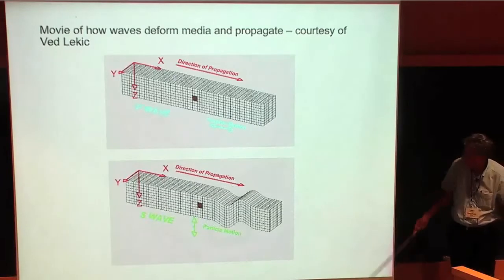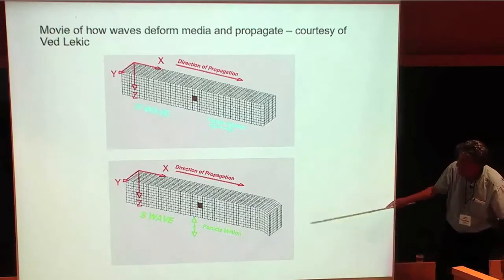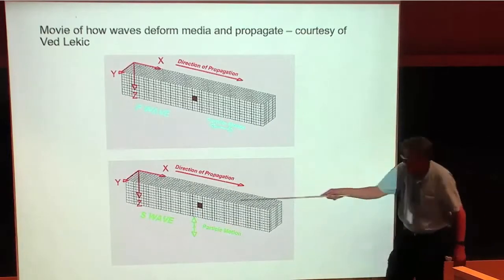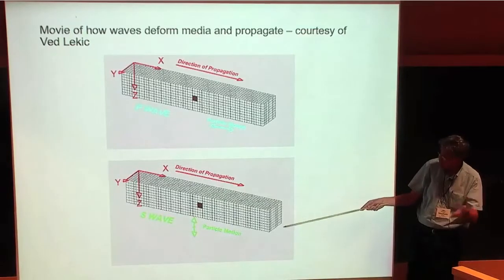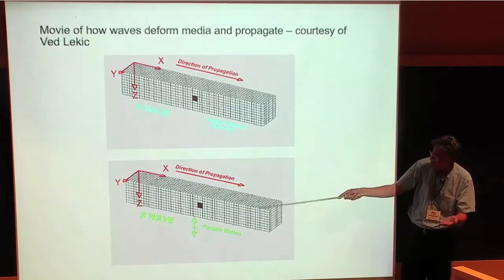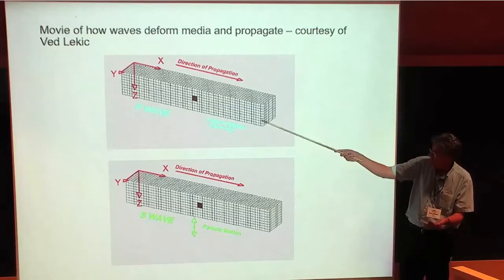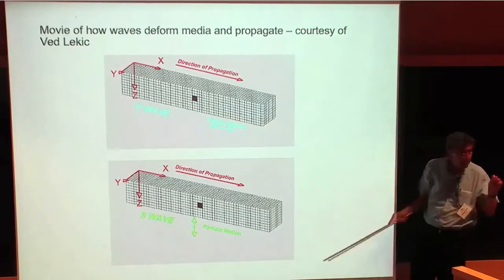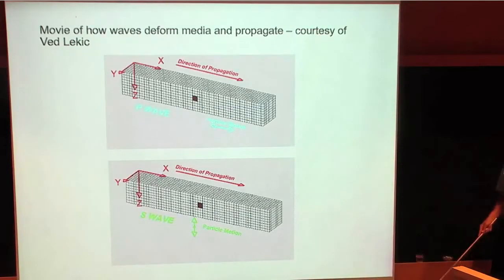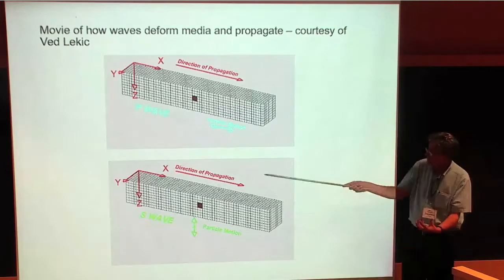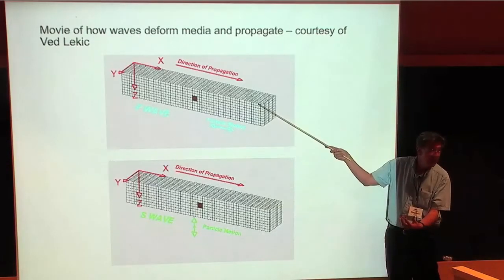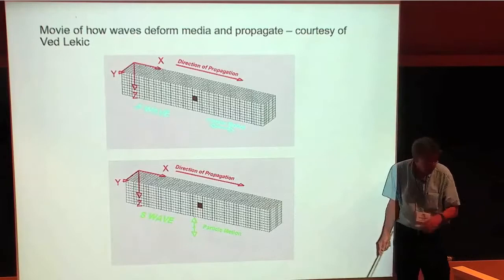So this is an example of an S wave. That pulse that just went down here traveled at the speed square root of mu, the rigidity of this material, divided by its density. This guy traveled at the speed square root of lambda plus 2 mu, over density. Same rock, the S is always slower than the P because lambda is always a positive number, at least as far as I know.